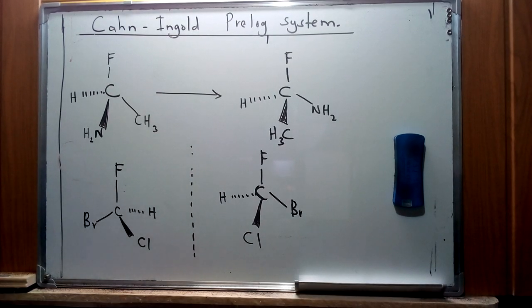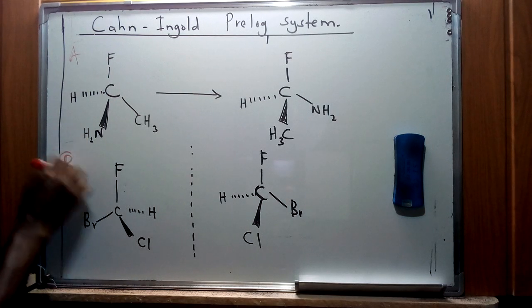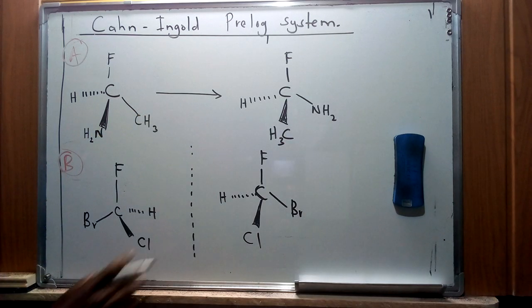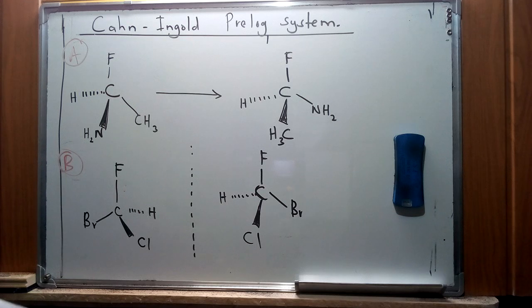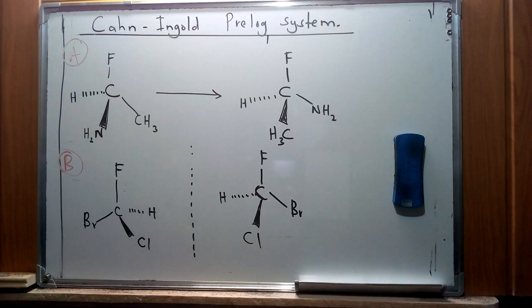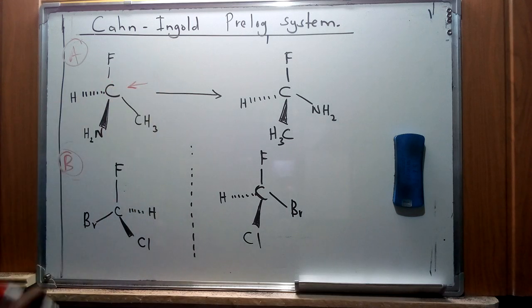Let's call the first one A and the second one B, whereby A encompasses this molecule and this one, and B this one and this one. We start with A, and we have said that the lightest atom is going to point away from the observer. So this is the point from which we are viewing this molecule.